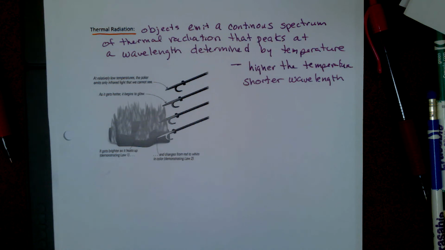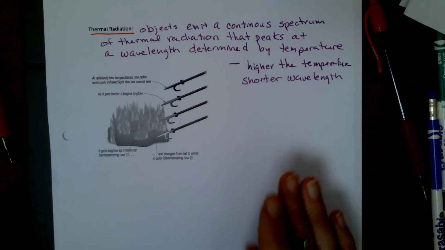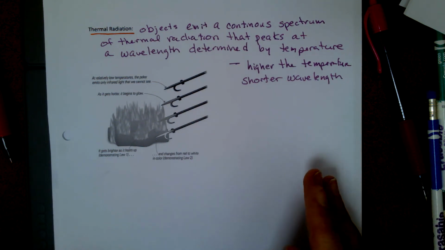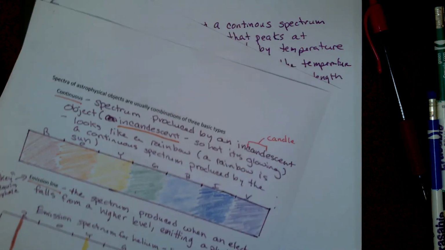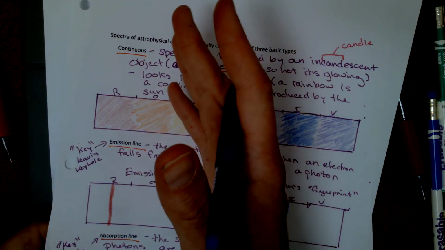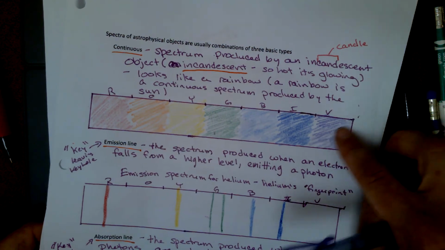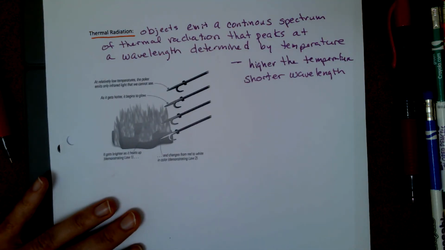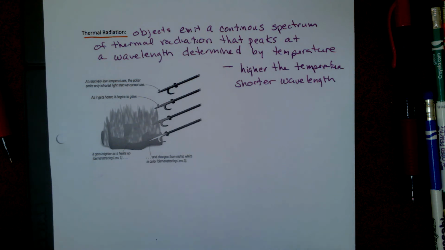Now, this goes back into that red-blue idea and purple and all that other kind of stuff. If we look back at these notes over here with the rainbow, we can remember that these are long wavelength. We saw that in that one video. And that these are short wavelength. So if we have higher temperatures, we have shorter wavelengths.